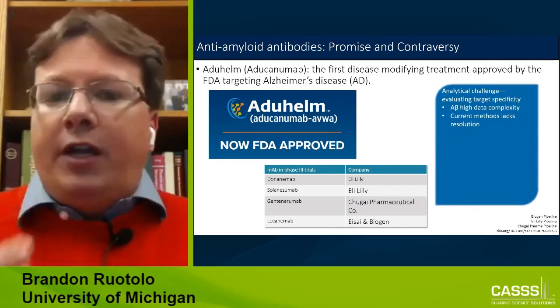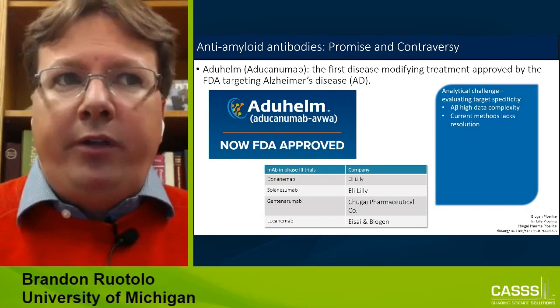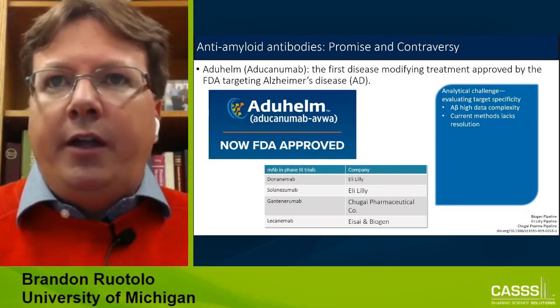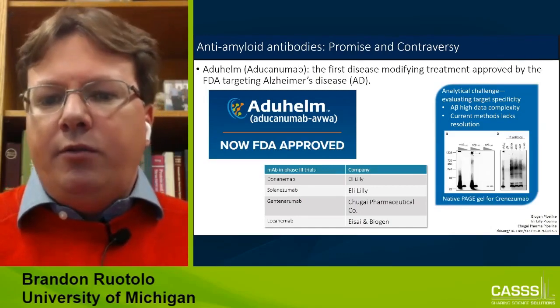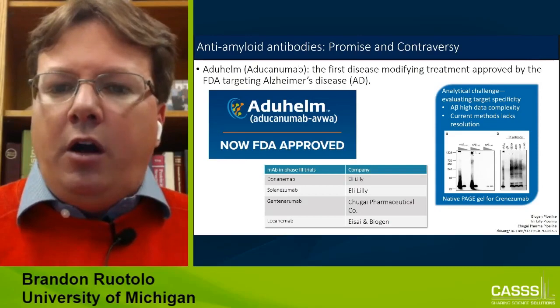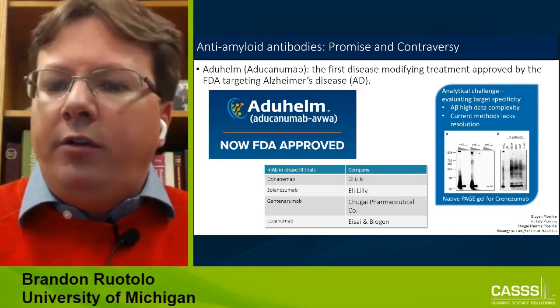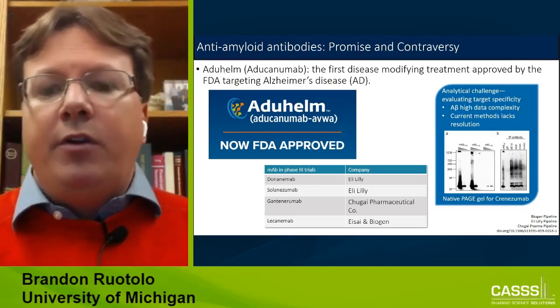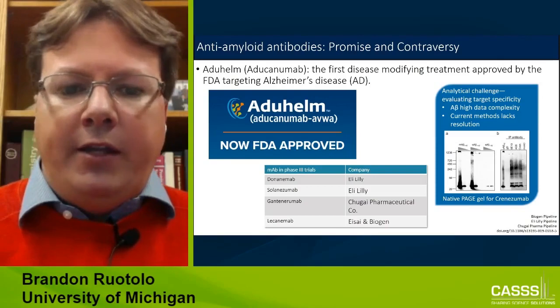But there's a clear analytical challenge here. A-beta itself is a pretty complex molecule that occupies lots of different oligomeric states, and our impression is that current methods used to assay these types of complexes are lacking in terms of resolution. They mostly rely upon PAGE-type analyses of the different oligomers that we're tracking and how they bind to the A-beta antibody.